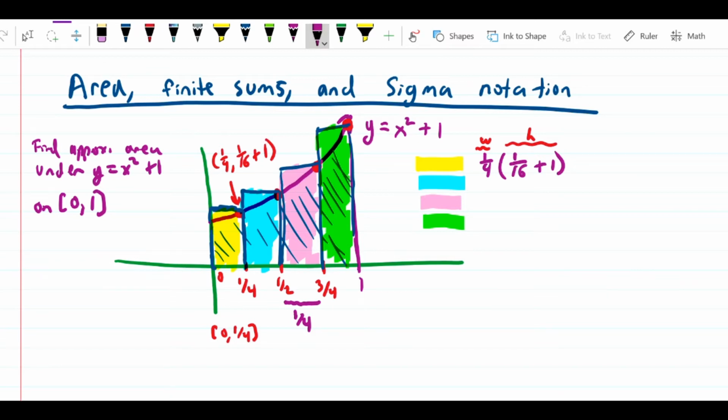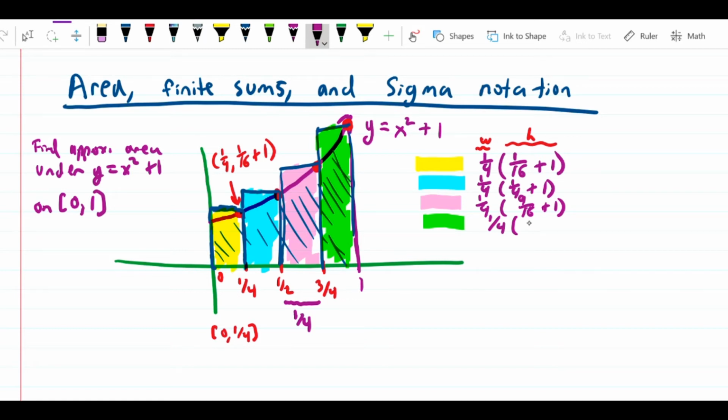Let's do the remaining ones. So we have 1/4, and this is going to be 1/2 squared gives us 1/4 plus 1. Here we have 1/4, and this is going to be 3/4 squared is 9/16 plus 1. And then I have 1/4, and for the green rectangle, the point we're using is 1.